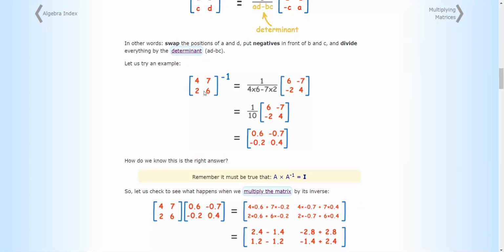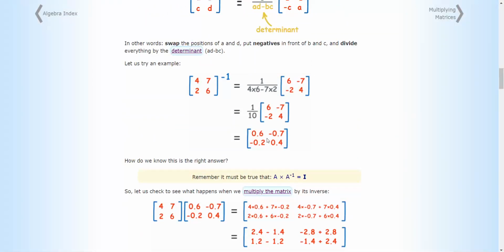So we have 4, 7, 2, 6. So it's 4 multiplied by 6 minus 7 multiplied by 2, which is 14. So 24 minus 14, that's a 10. And then you multiply this by each and every element within the matrix.